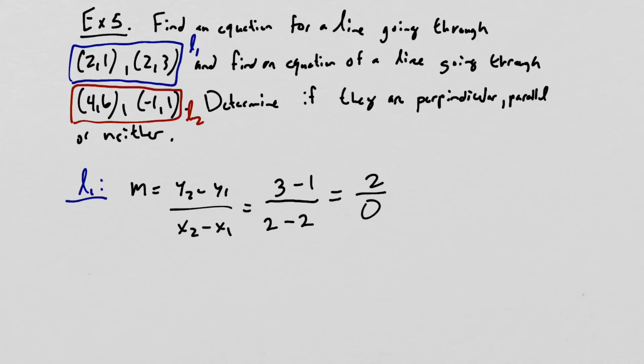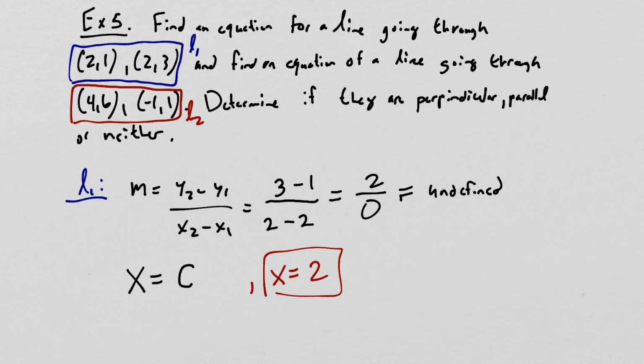What this tells us is that the slope of our line is undefined. So our line has an undefined slope, which means this line is a vertical line. And the equation of a vertical line is given by x is equal to some constant c. And in this case, since our x values don't change from 2, the equation is going to be x is equal to 2.